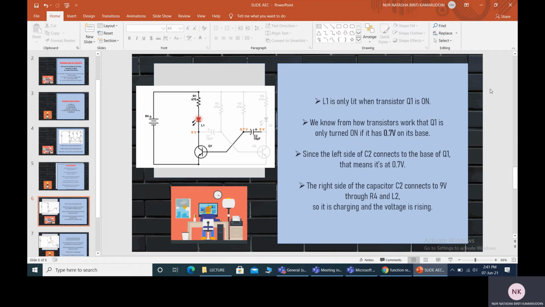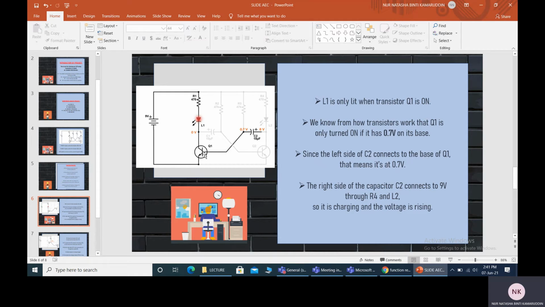And then, this is for the circuit. L1 is only lit when transistor Q1 is on. We know from how a transistor works that Q1 is only turned on if it has 0.7 volt on its base.